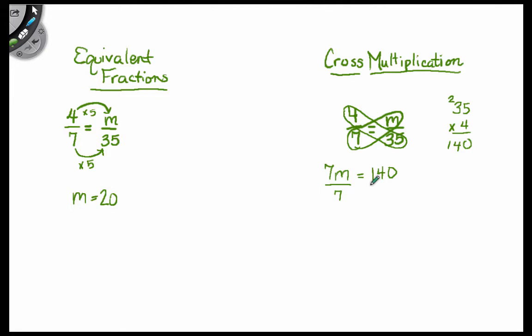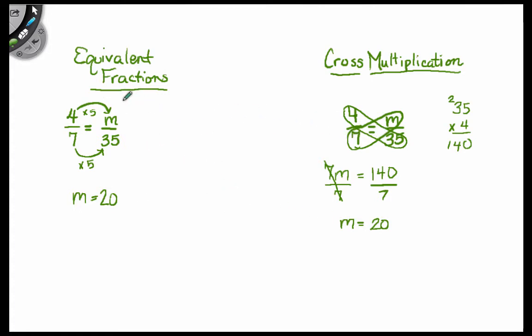That means over on the other side, we divide by 7. 7 divided by 7 is 1, and 1 times m is just m. And 140 divided by 7 is 20. So we get the same answer, but we just went about it a different way.